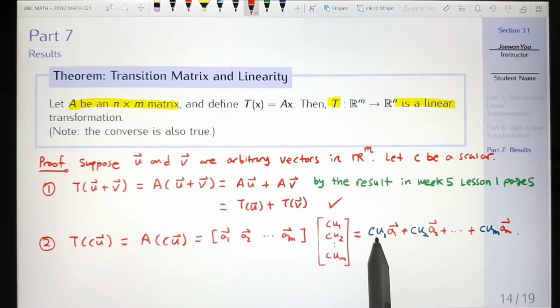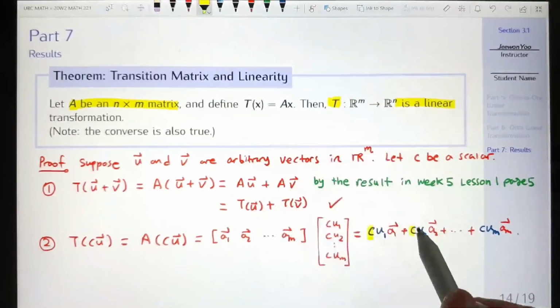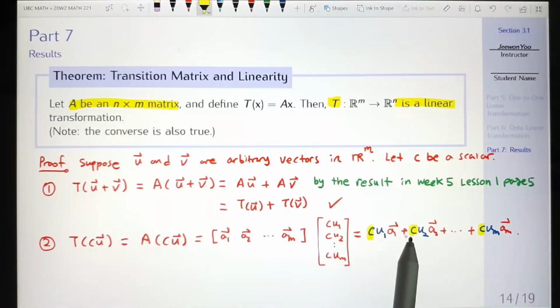There you go. We have scalar times A1 plus scalar times A2 and so on. Did you notice that? We have C, and then the same C up to the same C in the last term. Do you understand? If we have the same scalar all the way through, then we can apply this rule.